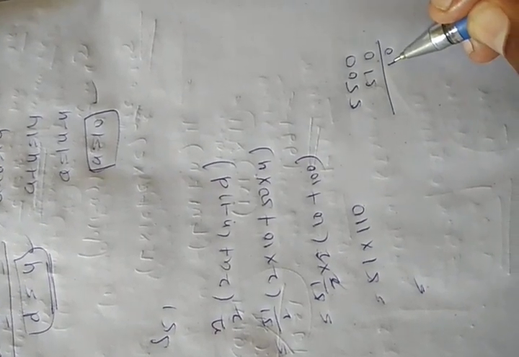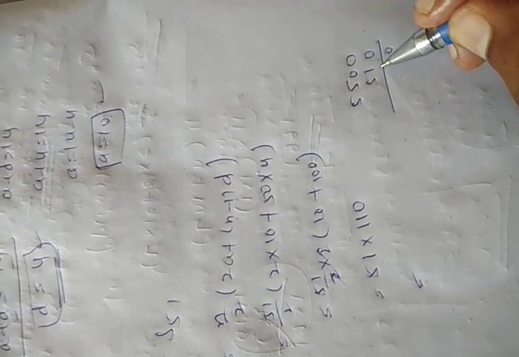So how can I write this one? 51 into 110 means, simply, 50 into 110 and again 51 into 1 into 110. I'm sorry, this is 51 only.